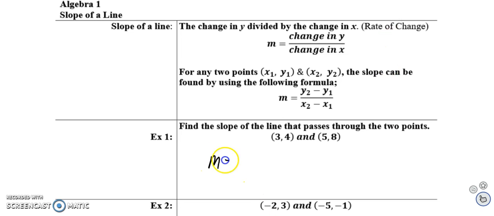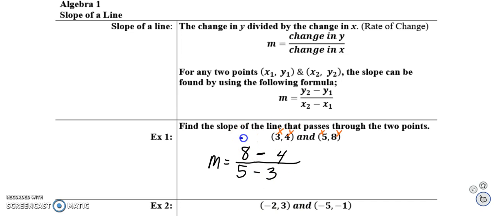So slope is the change in y. So we're going to have a subtraction. Again, keep in mind that the ordered pairs are x, y, x, y. So you pick the two y coordinates, any order. So let's go 8 and then 4. The x's have to be done in the same order, so 5 minus 3.